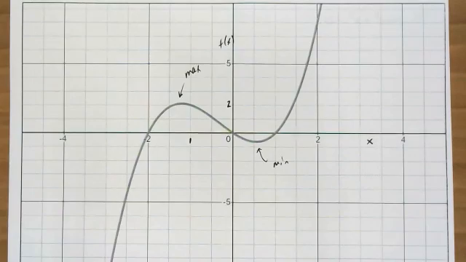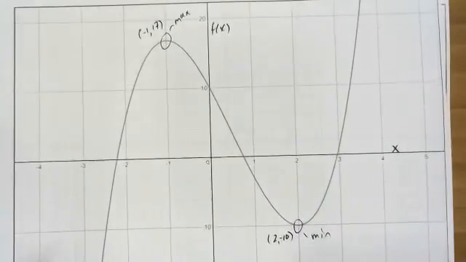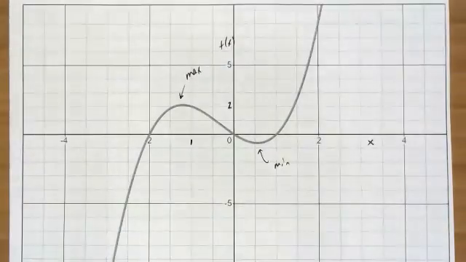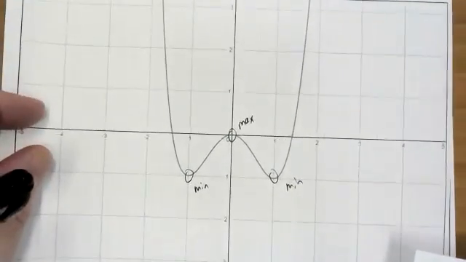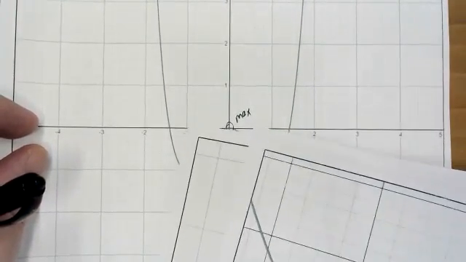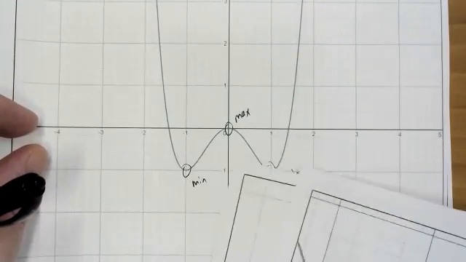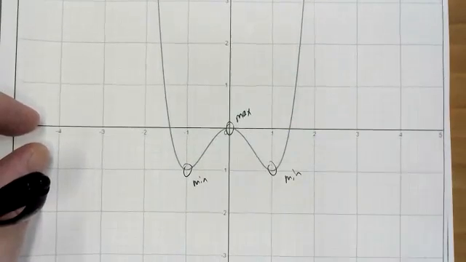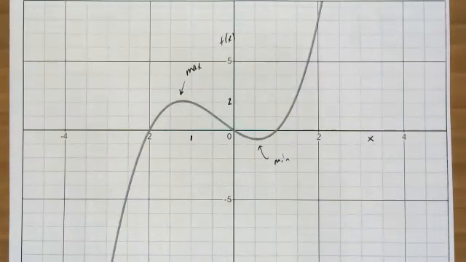Let me find a couple others. Here's a good example: 2 mins and a max, and we can know pretty much exactly. This minimum is -1, -1. This minimum is 1, -1. The maximum is 0, 0. So these examples I did were the kinds where the max and the mins were pretty easy to define.